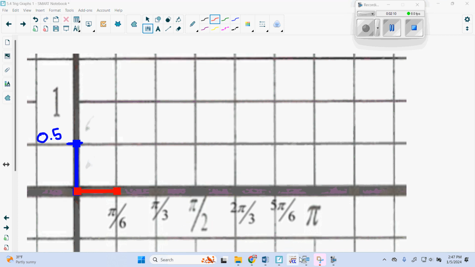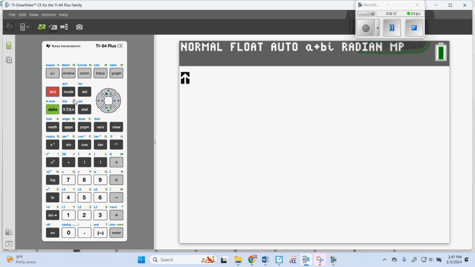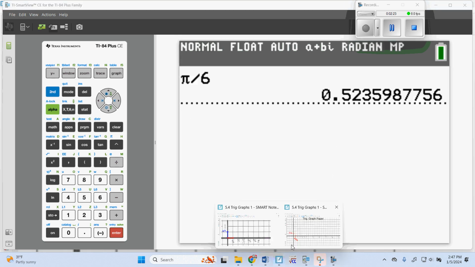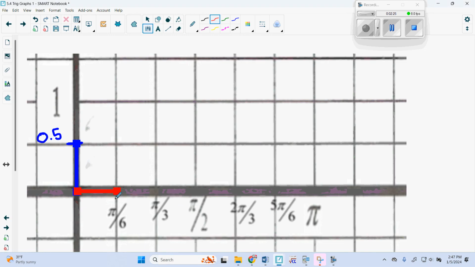Now, if we would go to our calculator and look at pi divided by 6, we can see that we get 0.52. So really, our scale here is 0.52. What this graph paper does is make our x and y scale basically the same, close enough for our graphing by hand.